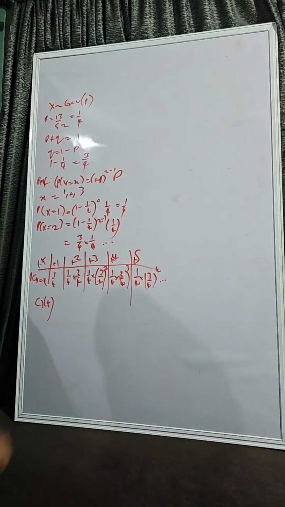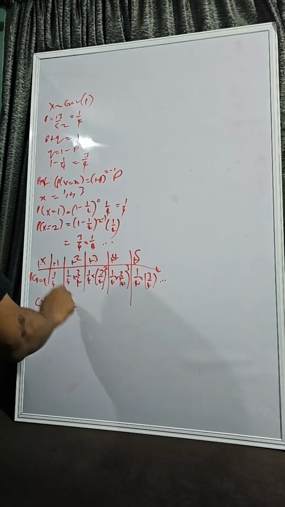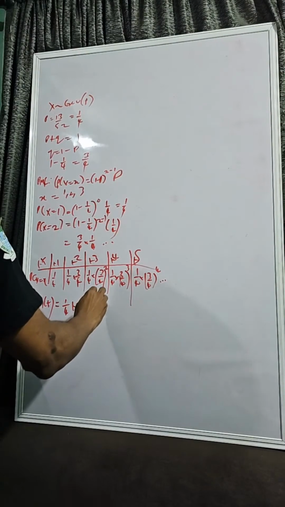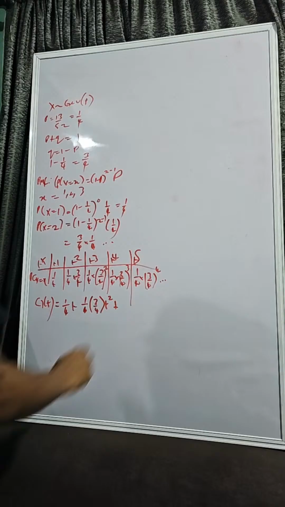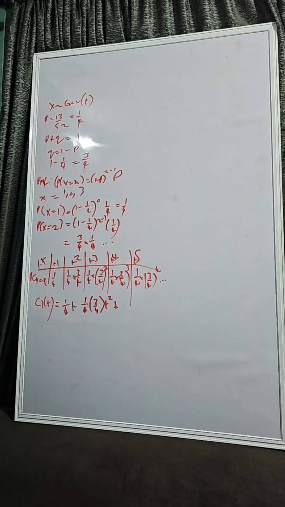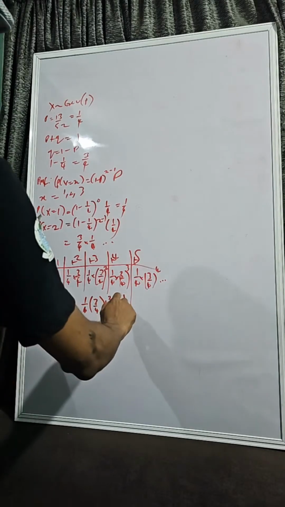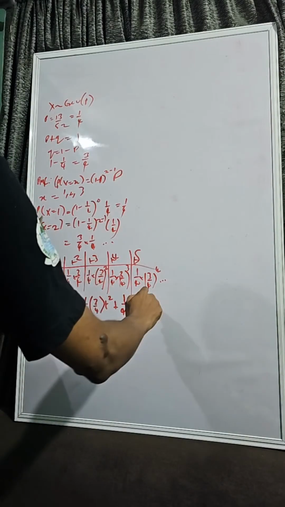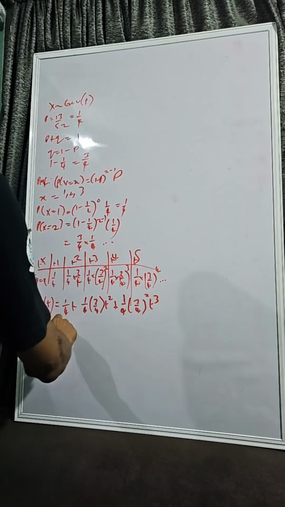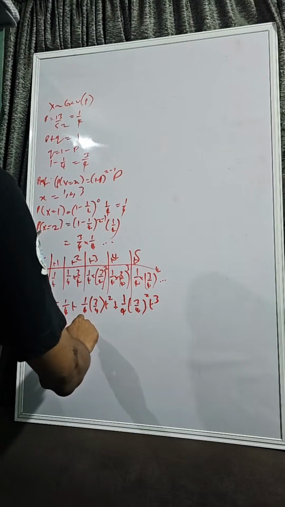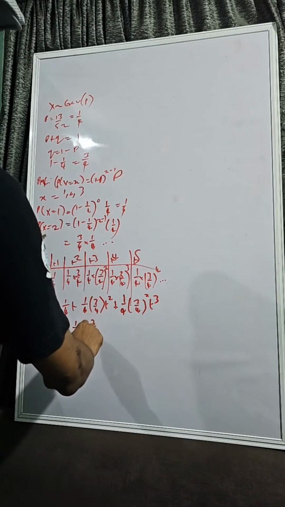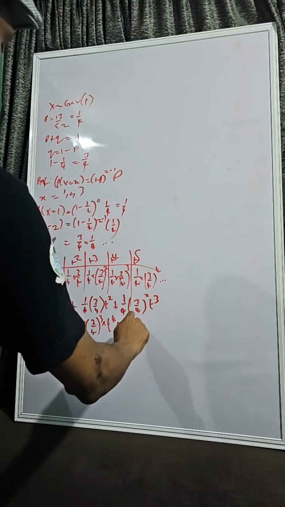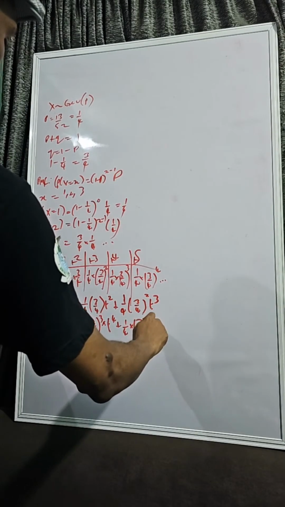When you multiply each one, that gives you 1 over 4 times t, plus 1 over 4 times 3 over 4 times t squared, plus 1 over 4 times 3 over 4 squared times t cubed, plus 1 over 4 times 3 over 4 cubed times t to the 4, plus 1 over 4 times 3 over 4 raised to 4 times t to the 5.